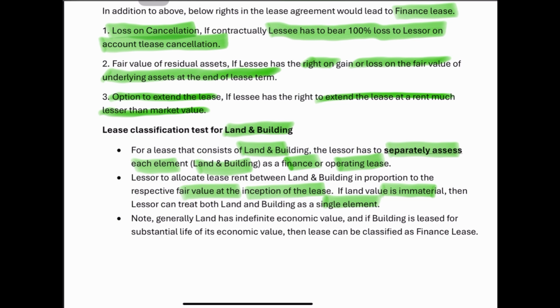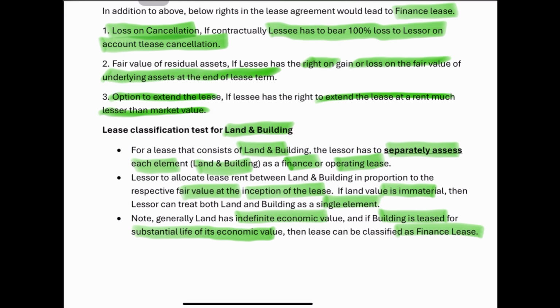Generally, land has indefinite economic life, but a building has a definite economic life. If the building is leased for the substantial part of its economic life, then the lease can be classified as a finance lease. Suppose a building has a 25-year useful life, and the lease is for the entire 25 years.